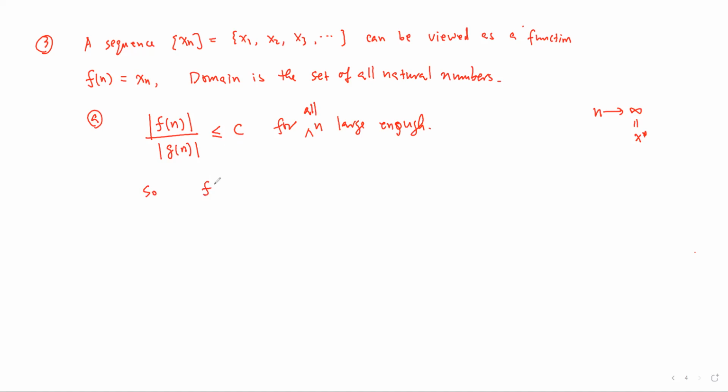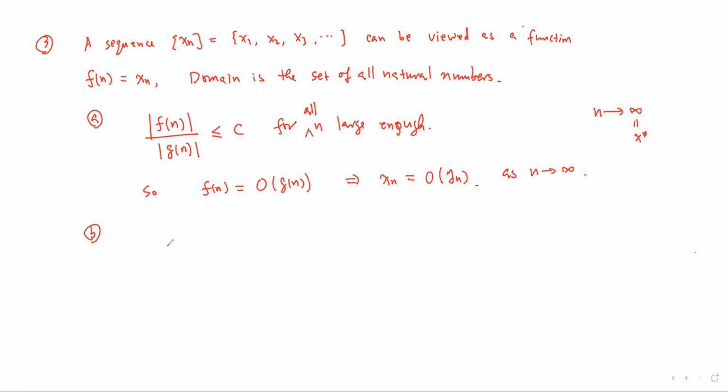So we say that f n is big O of g of n, where f of n is x_n and g of n is y_n, as n approaches infinity. So the big O relation for sequences is just a special case of the big O relation for functions.